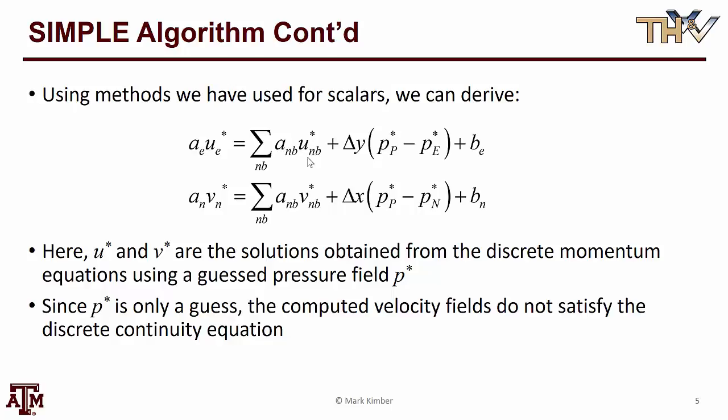Again, we're starting with a guess for the pressure, so the velocities that we find from this matrix here are going to satisfy the momentum equation, but there's no way they're going to satisfy the continuity equation.